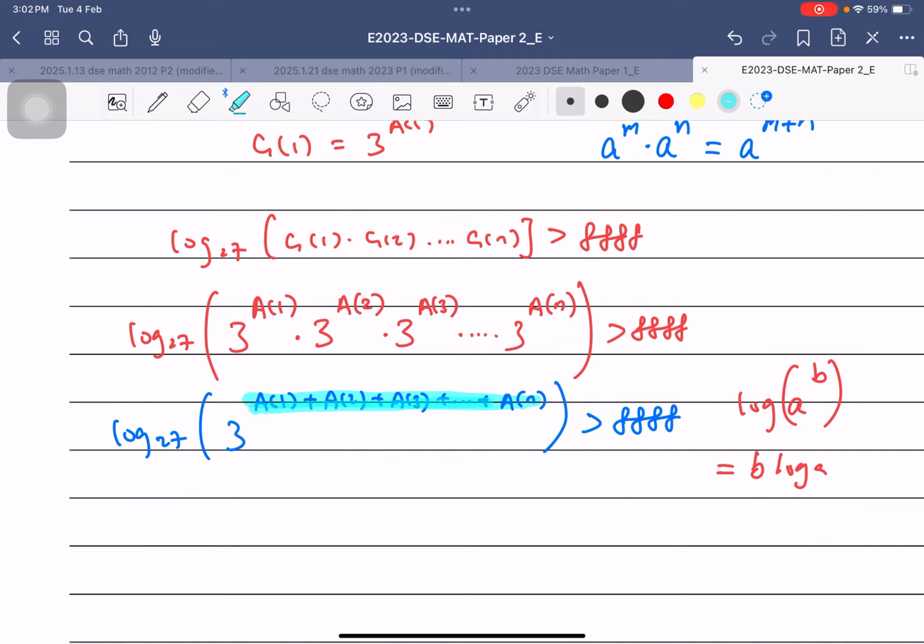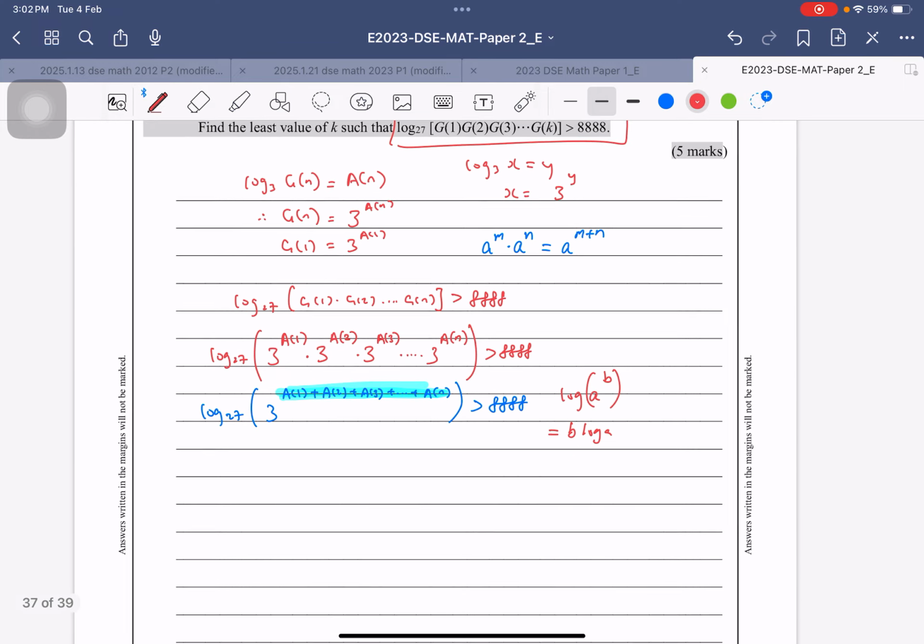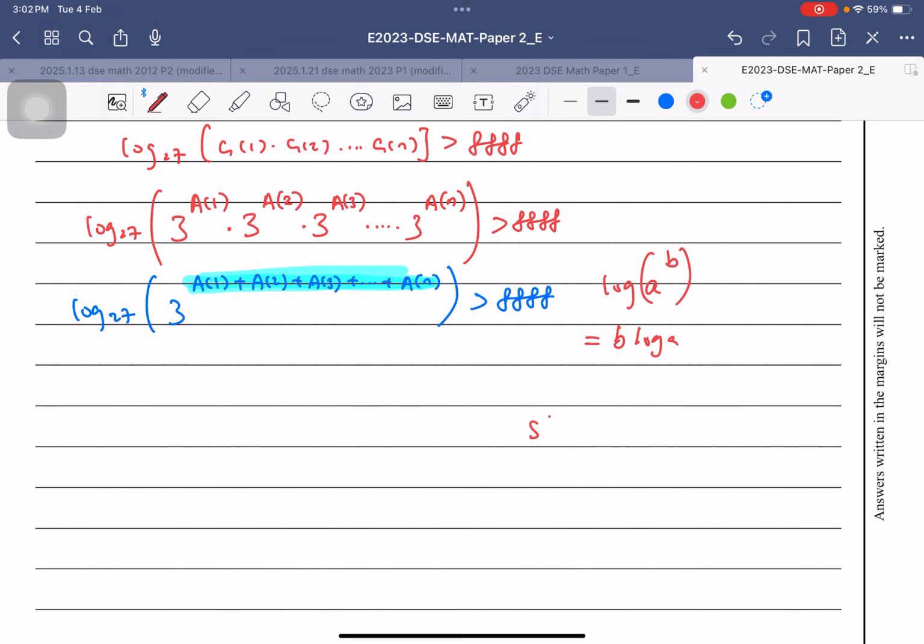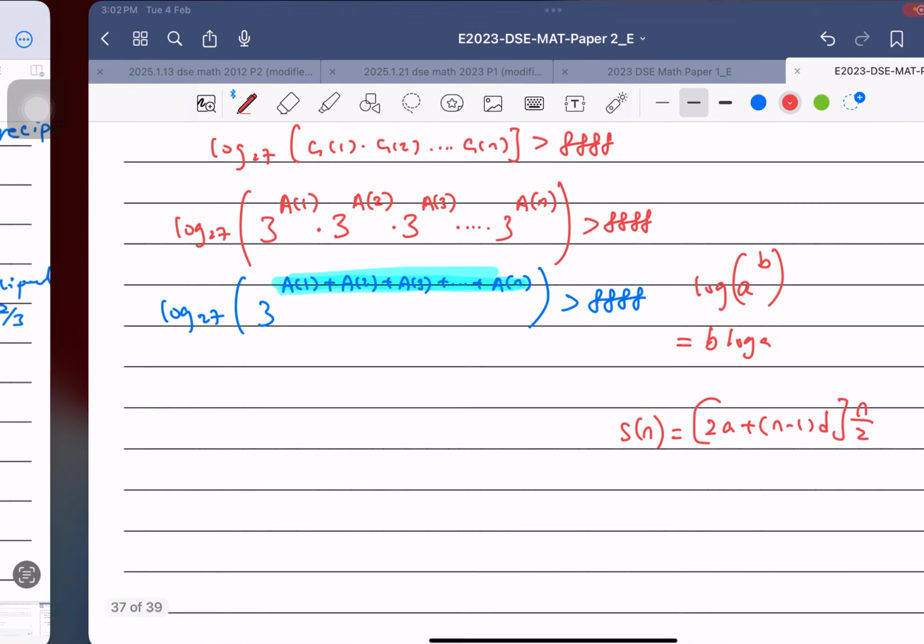And this is the sum of the nth term. This is the sum of the arithmetic sequence. Do you remember the formula? Yeah. Sn is equal to 2a plus n minus 1 d, times n over 2.